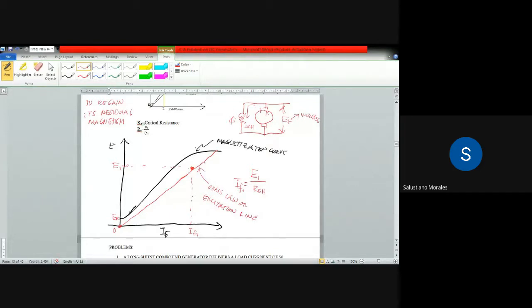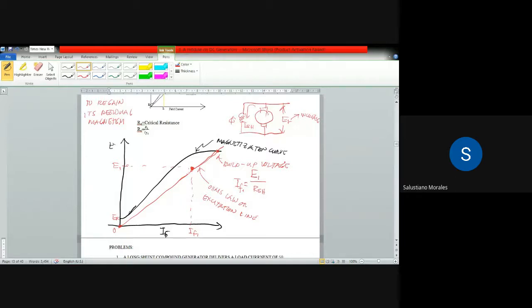So whatever the intersection of this line to the magnetization curve is called the build-up voltage. So that is the output now of the generator.